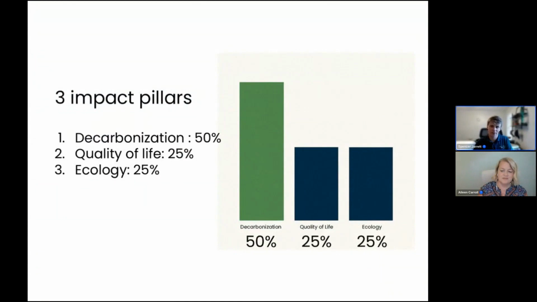And this graphic really distills that shift in the philosophy of the credits. So previously, half of the design credits were allocated to energy and biophilic related credits. Version 5 is all for that, but a little bit more numbers focused when it comes to proving and showing the tons of carbon dioxide that you've taken off of the building's impact.